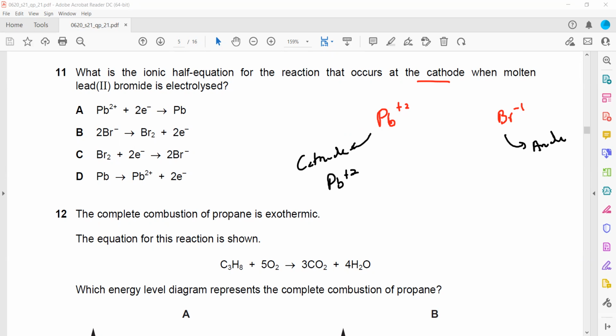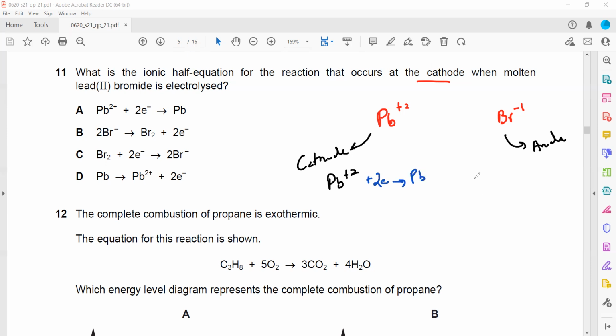When the lead ion is attracted towards the cathode, it will take 2 electrons and it will turn into a lead atom.